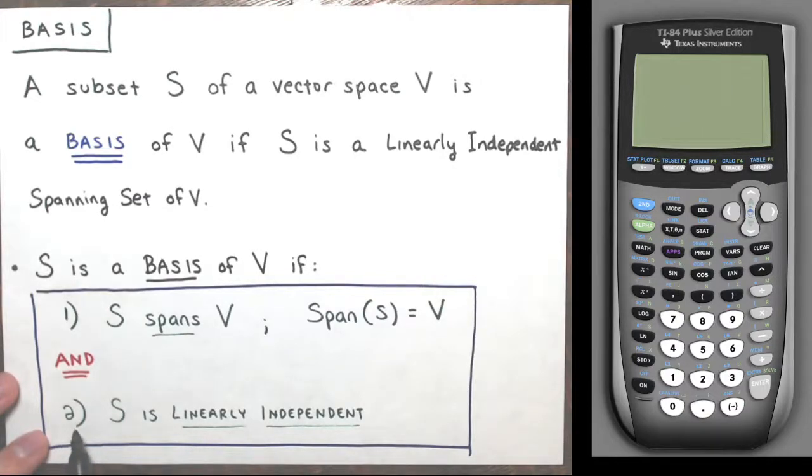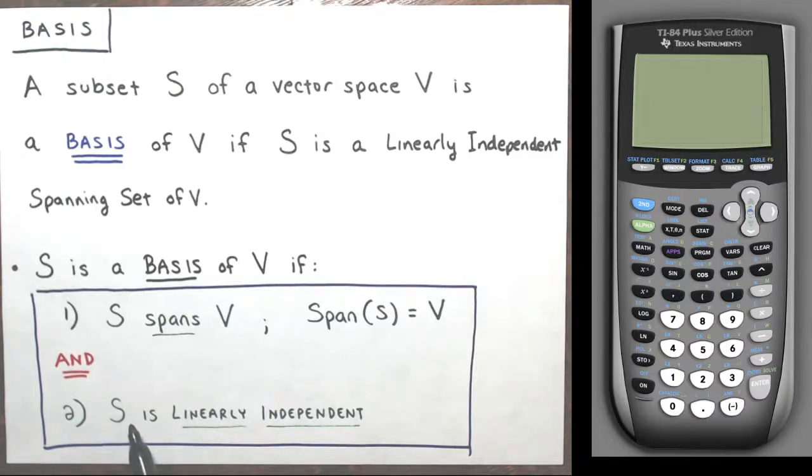And 2, you have to show both of these things, show that S is linearly independent. That means that no vector in set S can be expressed as a linear combination of other vectors in set S. Or if you were to try to find a linear combination of vectors in S that made the zero vector, the only linear combination will be the trivial one, where all the scalars are zeros.